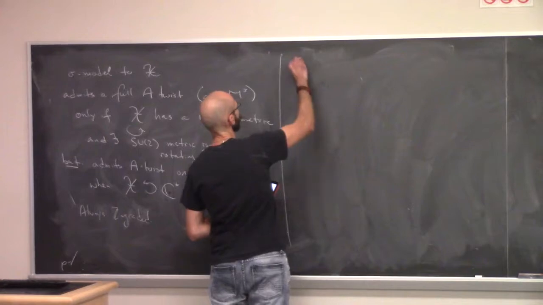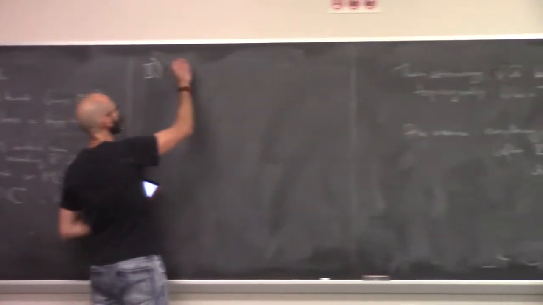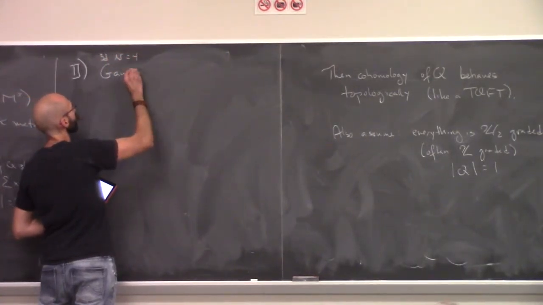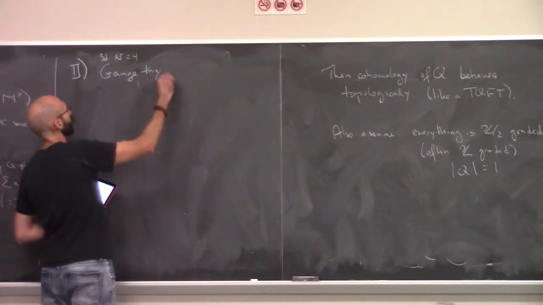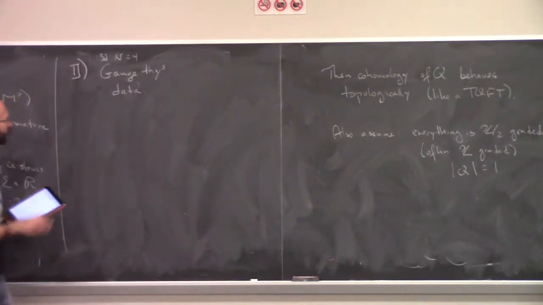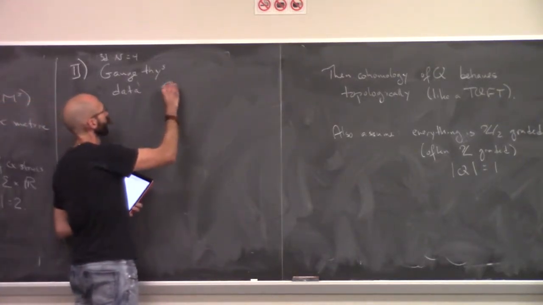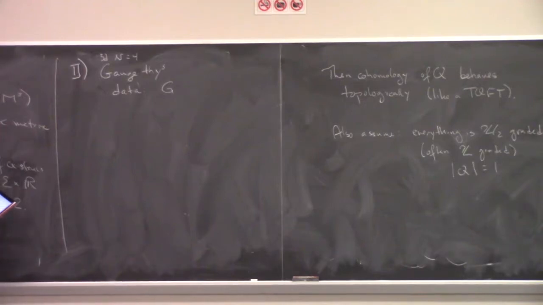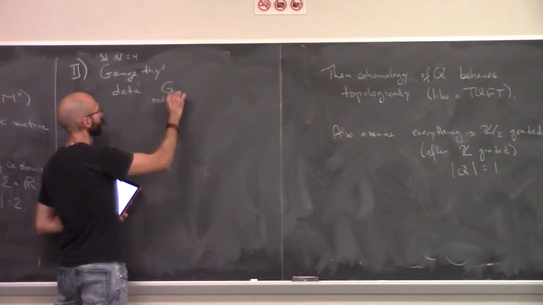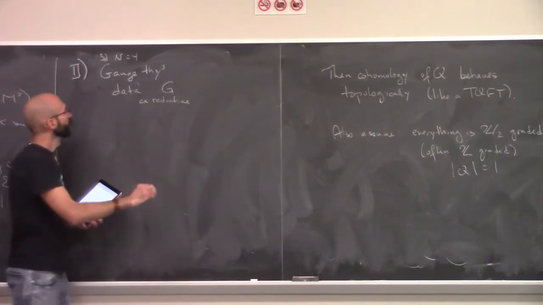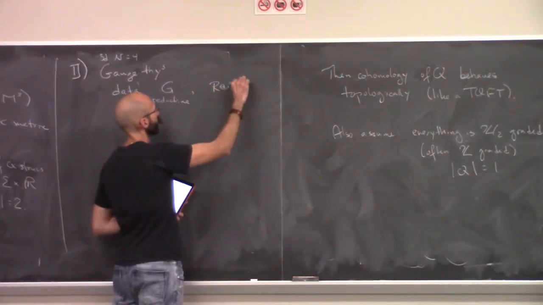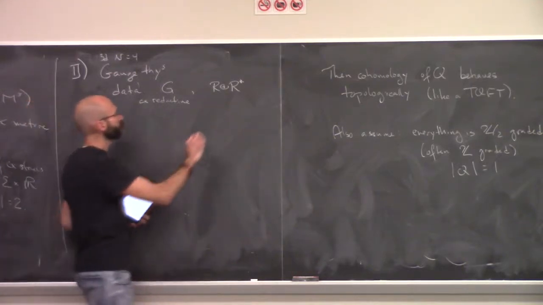Okay. So there's sort of examples type 2 gauge theories. 3d N equals 4 gauge theories. And the data of the gauge theory is, for purposes of a quasi-mathematical talk, a complex reductive group G, and a symplectic representation that's of the form R plus R dual.